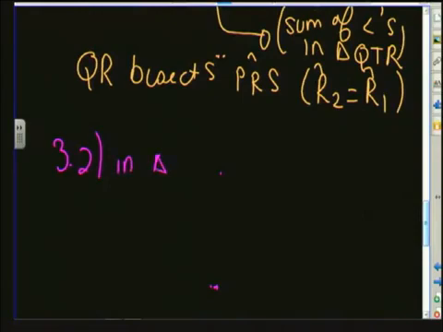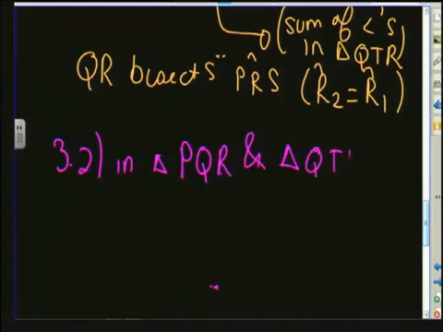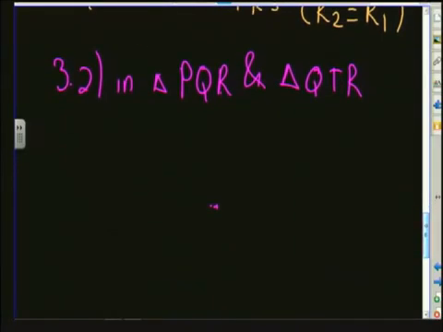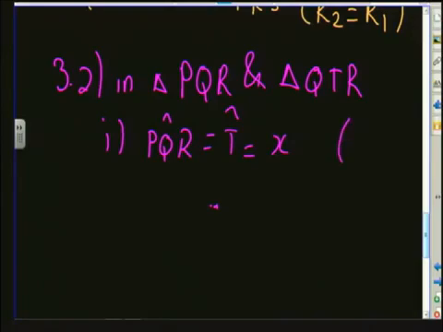So in triangle PQR and triangle QTR, we need to now list which angles are equal and the reasons they are equal. We know that angle PQR, and this was all shown previously, angle PQR is equal to angle T is equal to X. You can rewrite the reason of tan chord, or you can say previously shown. I'm just going to rewrite the reason, tan chord theorem.